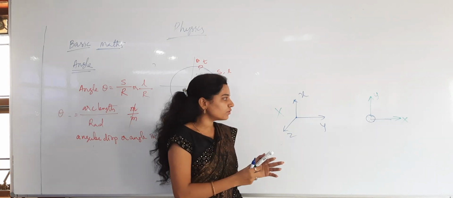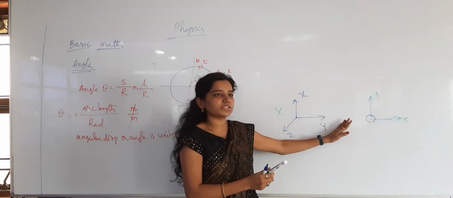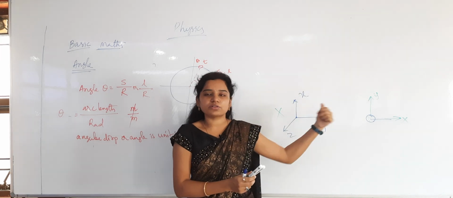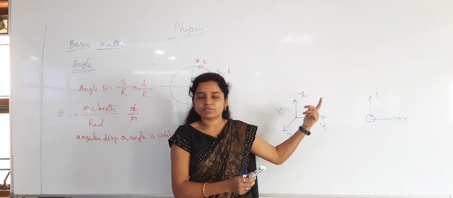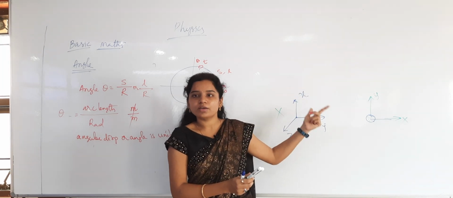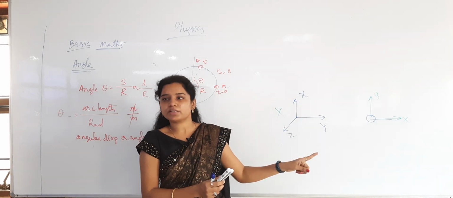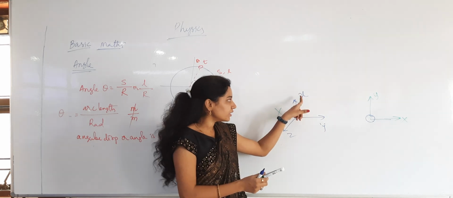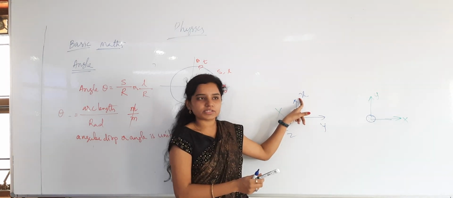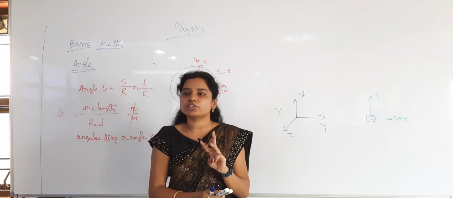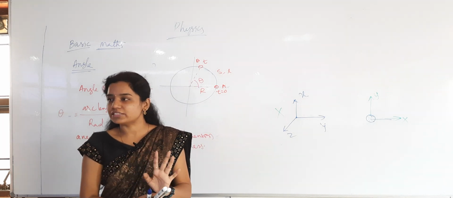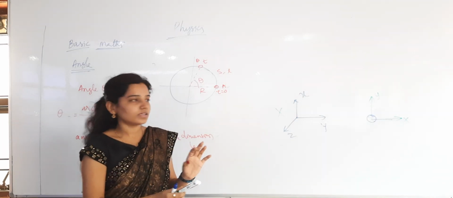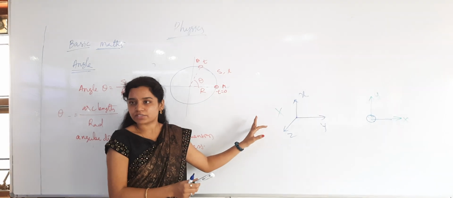So, there is no rule that always horizontal means x, vertical means y, and out of the plane is z axis. You can take anything whichever you want, but all should be perpendicular to each other. No axis should repeat. Here y means I cannot take y again. You understand, right? The 3 should be individual and they should be perpendicular to each other. That is the main condition for the geometrical axes whichever we have taken here.